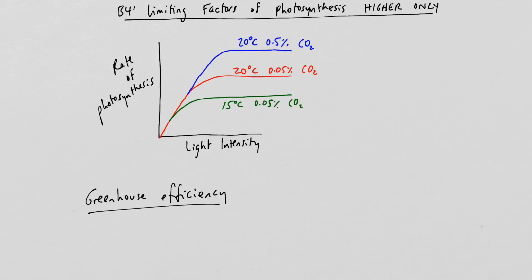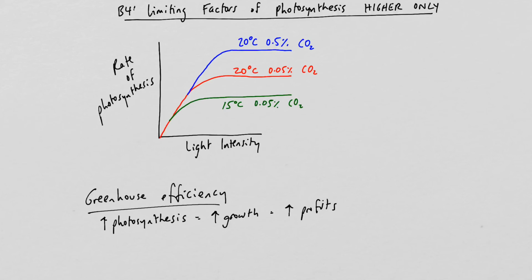The last bit that can come up on the higher paper is this idea of how to maximize the rate of photosynthesis in the most efficient way possible in a greenhouse. If you had a greenhouse and you were going to sell your plants, then you would want to maximize the rate of photosynthesis, because the higher the rate, the more growth you'll get, which in theory means the more profits you'll make.